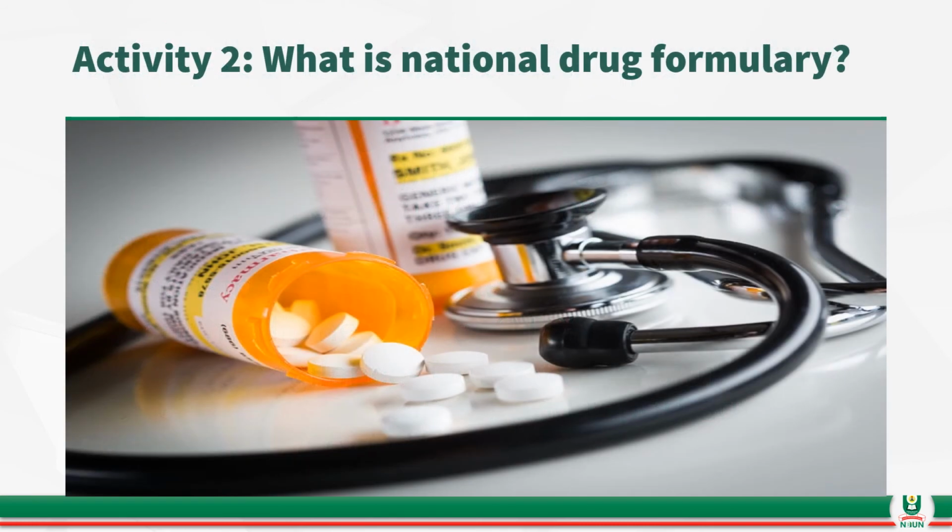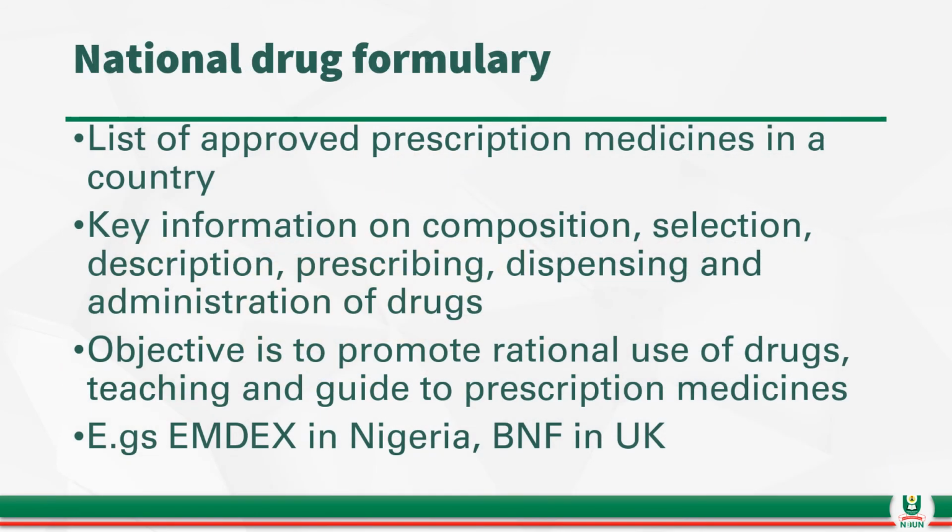So activity 2 brings us to the National Drug Formulary. What is the National Drug Formulary? The National Drug Formulary is simply a list of approved prescription medicines in a country. In every country, there is a list of approved prescription medicines.